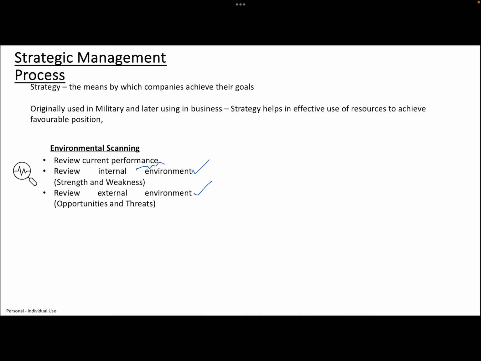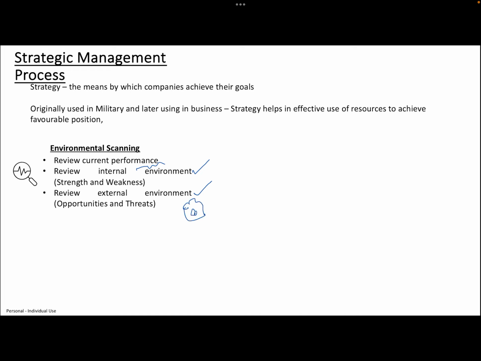The internal environment is related to the company's internal matters: how many people the company has, what the company's technology history is, how the company has grown in the past, what the organization culture is, fund availability, etc. With internal assessment, we will come to know the strengths and the weaknesses of the company.